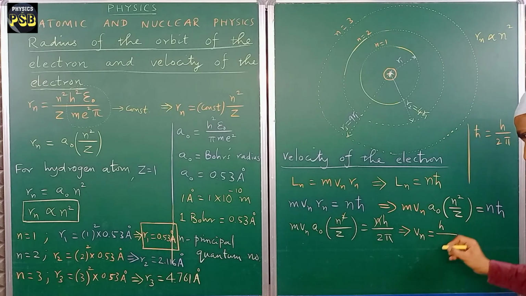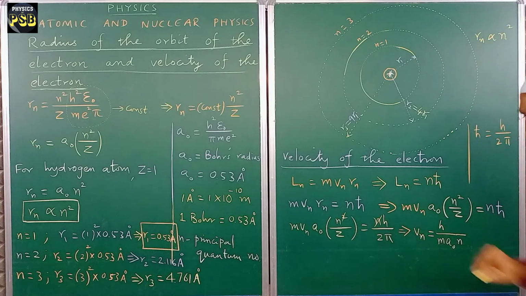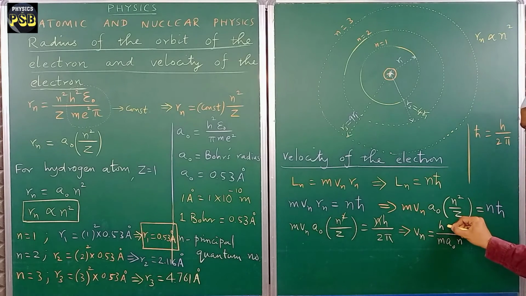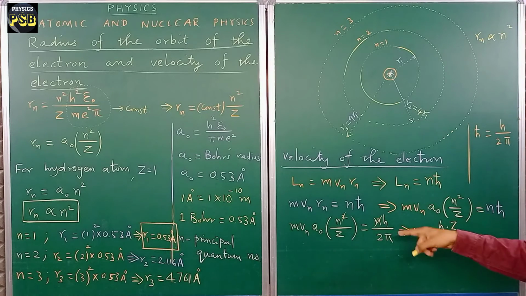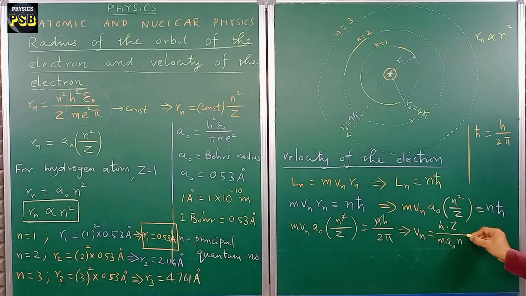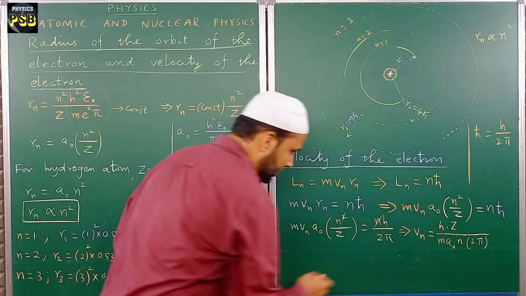Then m a naught n will come down to the denominator, z will go to the numerator, then what else is present here is nothing but 2 pi from here. So this is the expression for Vn. I'll rearrange it and write it here.